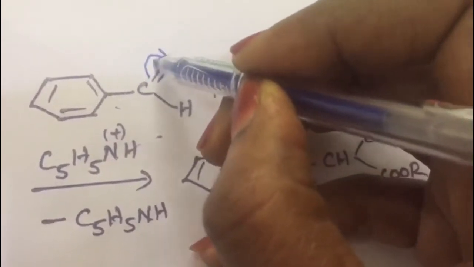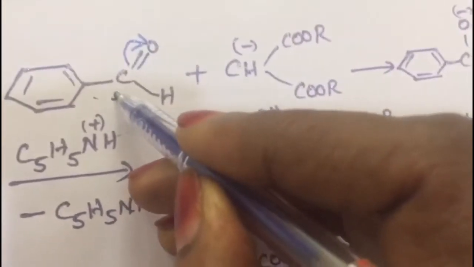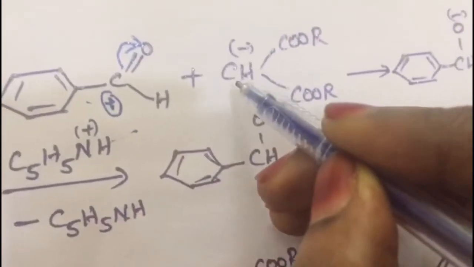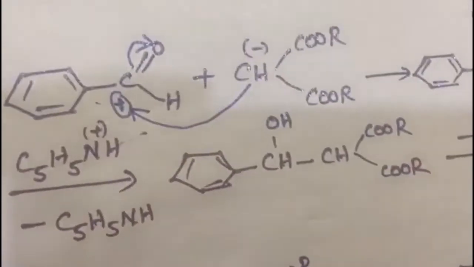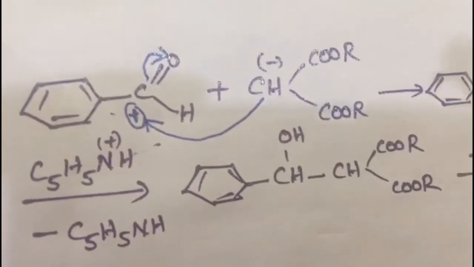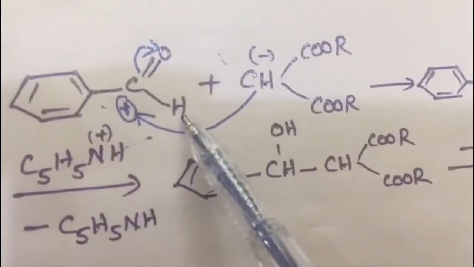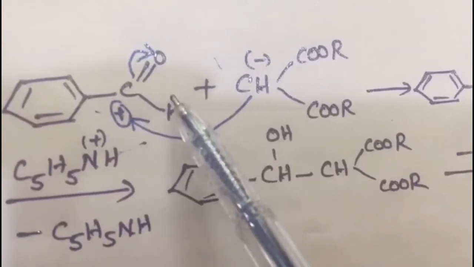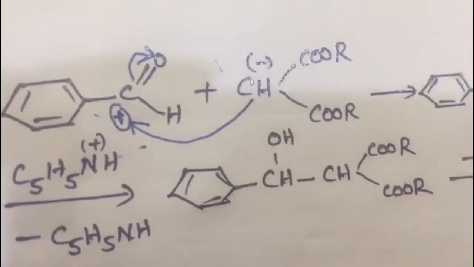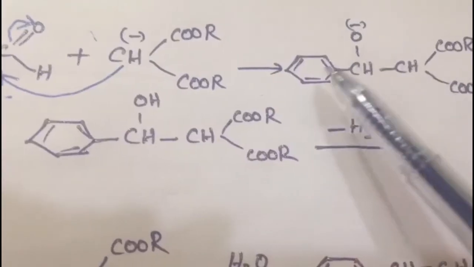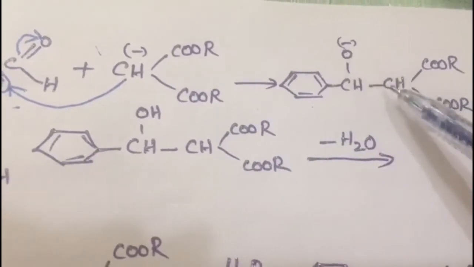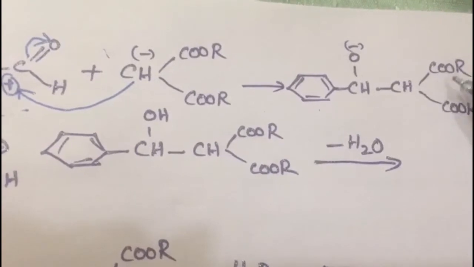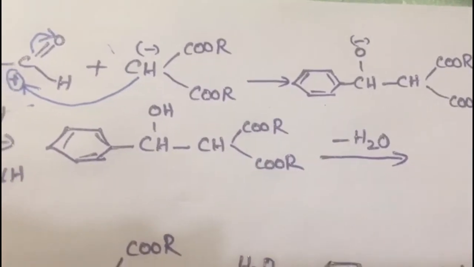So this electron pair will move towards the oxygen and carbon will have a positive charge. So this CH minus will attract towards this carbon atom. So the product will be C6H5CH(O-)CH(COOR)2.